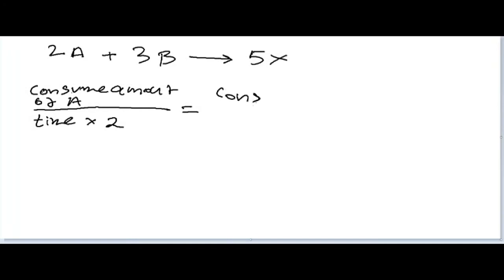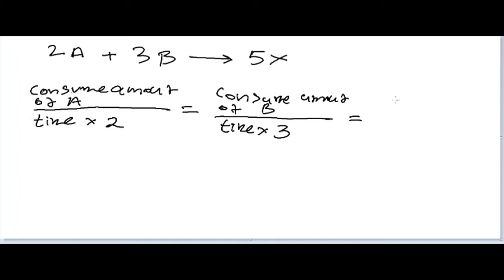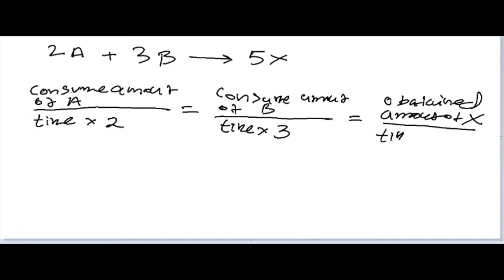This is equal to the consumed amount of B divided by unit time with respect to the stoichiometric coefficient, and this is equal to the product obtained, the amount of X divided by time into stoichiometric coefficient.